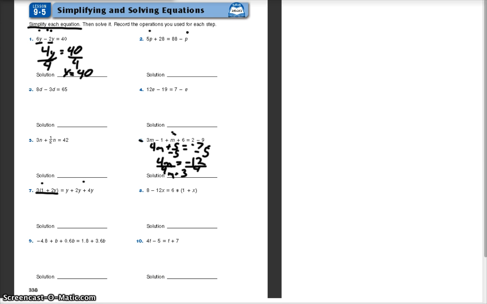So I could either take away 5p from each side, or I could add p to each side. So I am choosing to do the easier option. I'm going to add p to each side. So now we have 6p plus 28 equals 88. So that would be our first step, is get the p, the variable, on one side of the equation.